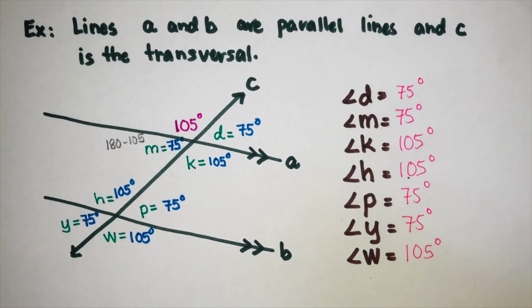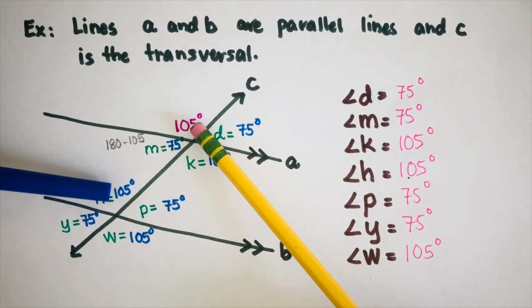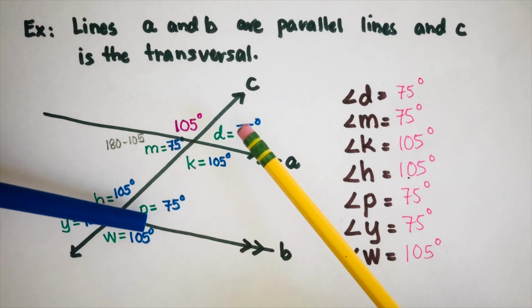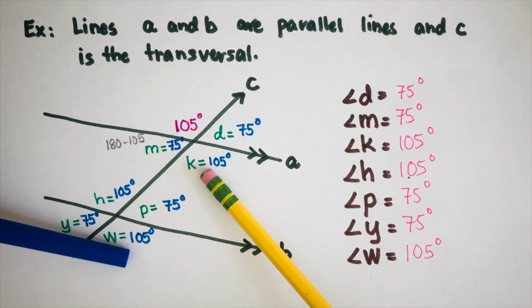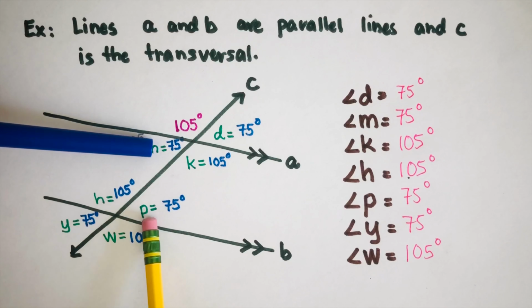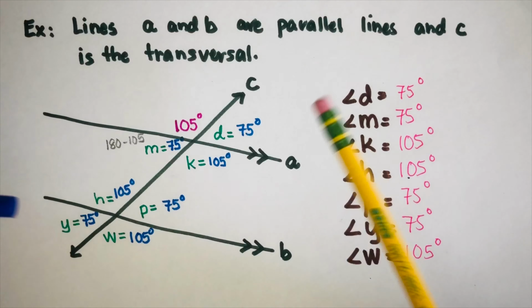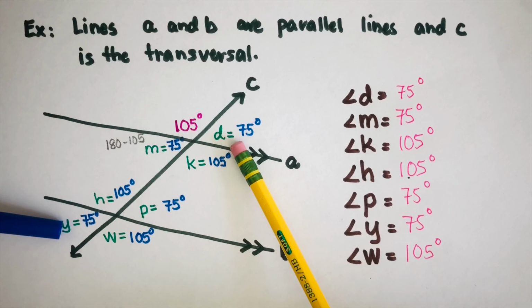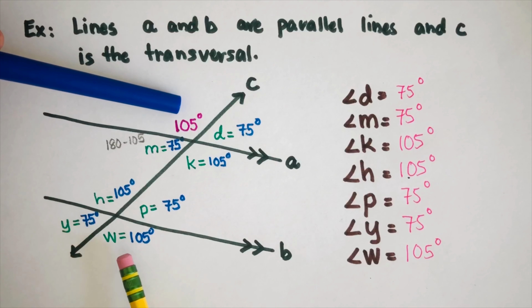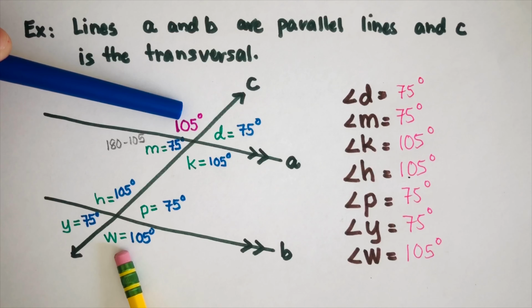So they all match up. These pairs are corresponding. And then these two are alternate interior, both 75, these two are alternate interior, both 105, these two are alternate exterior, 75 and 75, and these two are alternate exterior, 105 and 105.